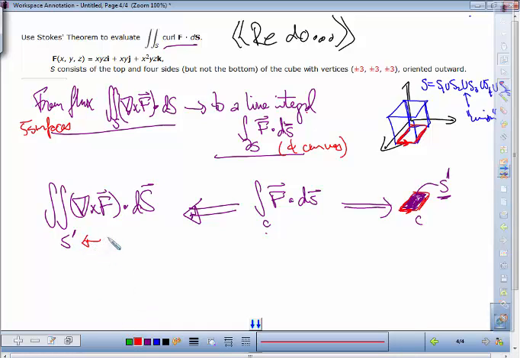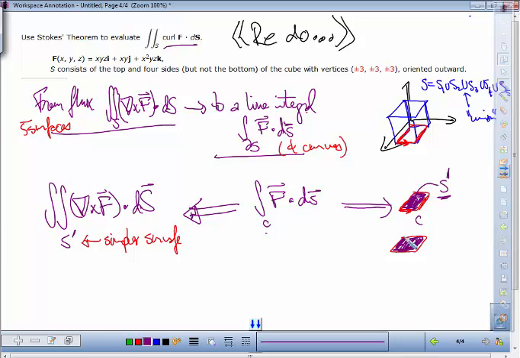By using a simpler surface, one surface. Now what's the orientation for my new surface here? My new surface will have an orientation, by normal it's either going up or down.